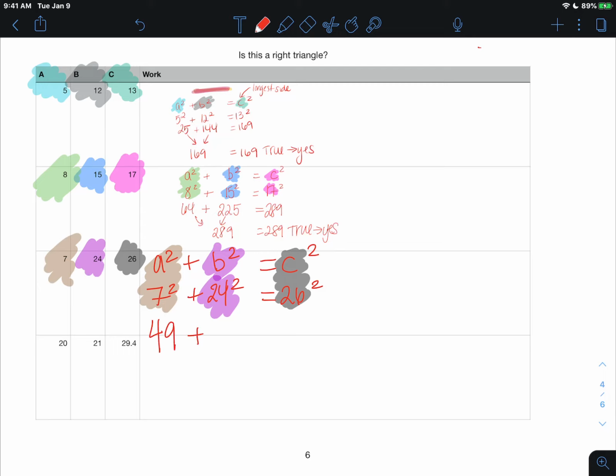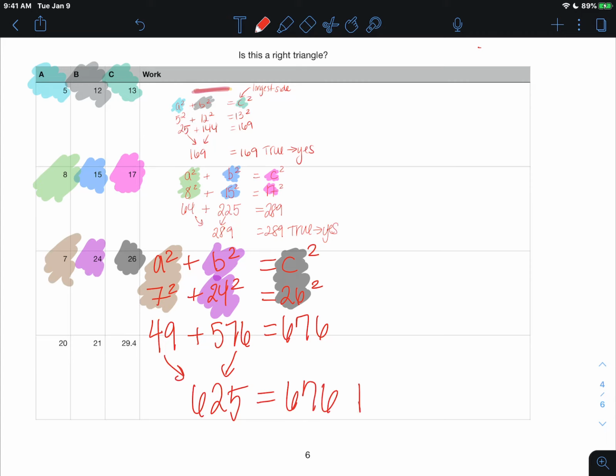7 times 7 is 49. 24 times 24 is 576. And 26 times 26 is 676. Now I'm going to go ahead and combine like terms. So 49 plus 576 is 625.